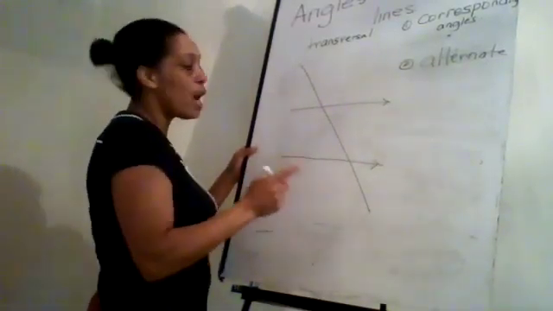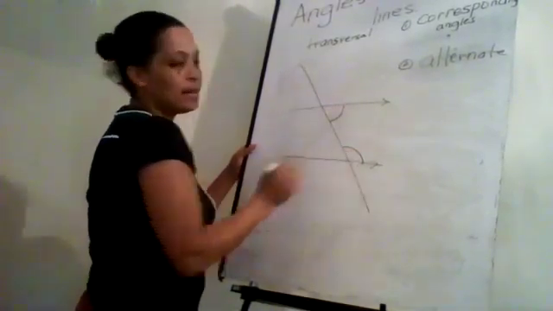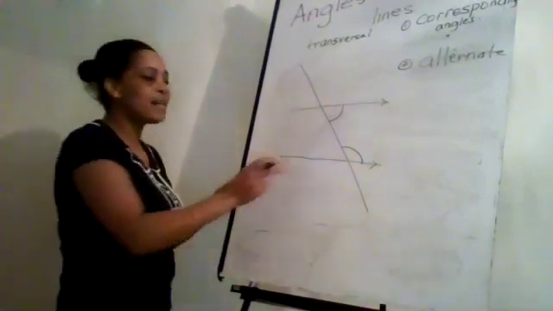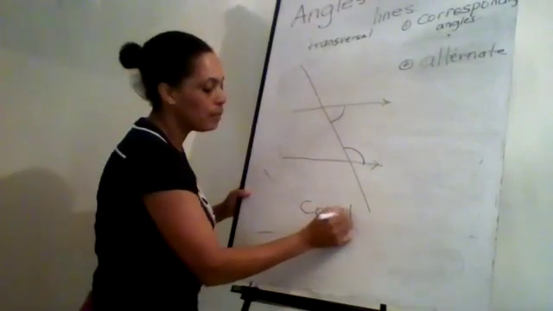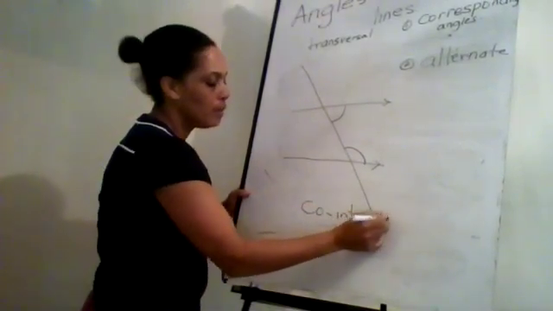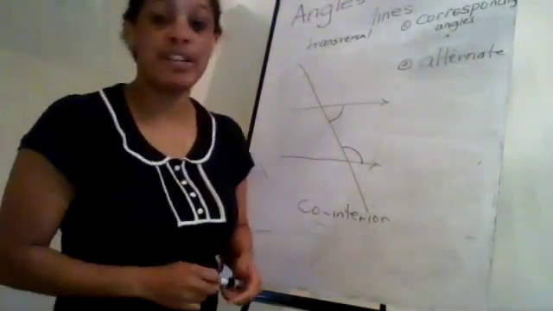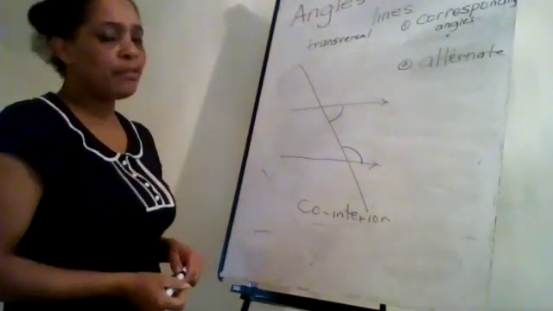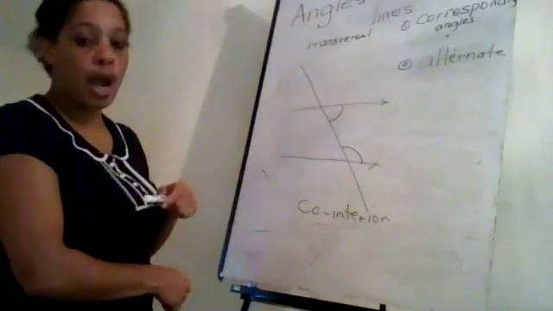And this time, I want to look at this angle and that angle. Now, these angles are called co-interior, or sometimes we just leave it as plain interior angles. And by observation, I hope you can see why.